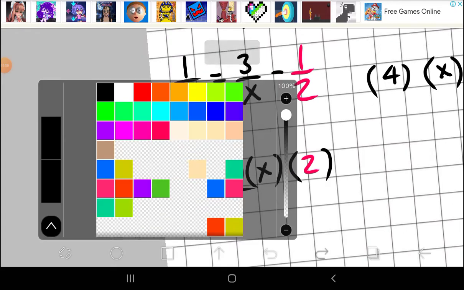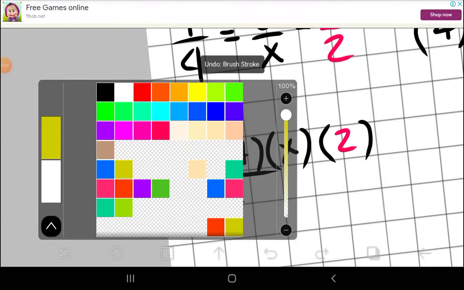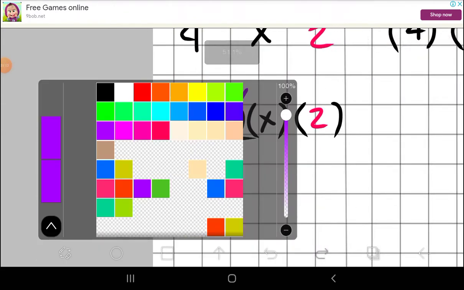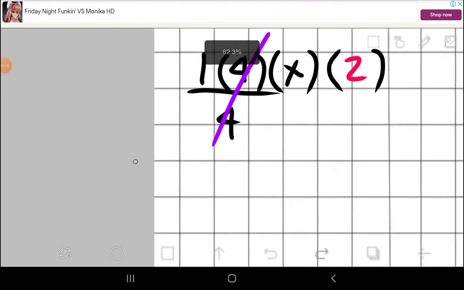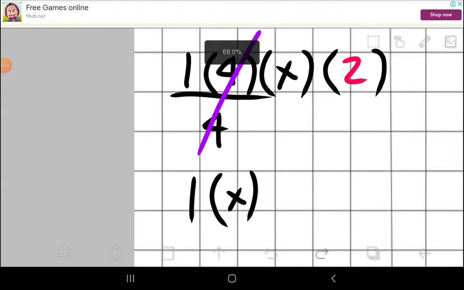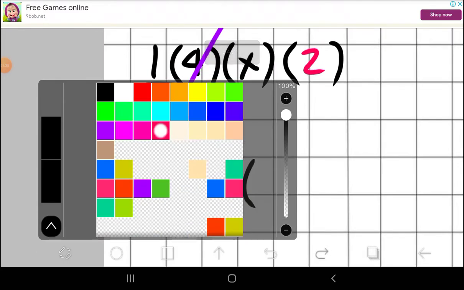So what you're going to do here is cancel out the 4. The remainder will be 1 multiplied by x multiplied by 2.